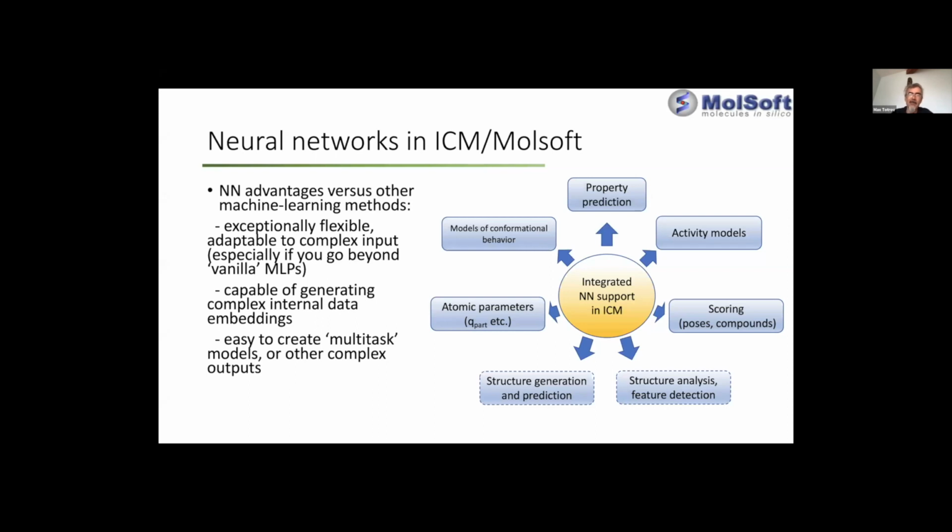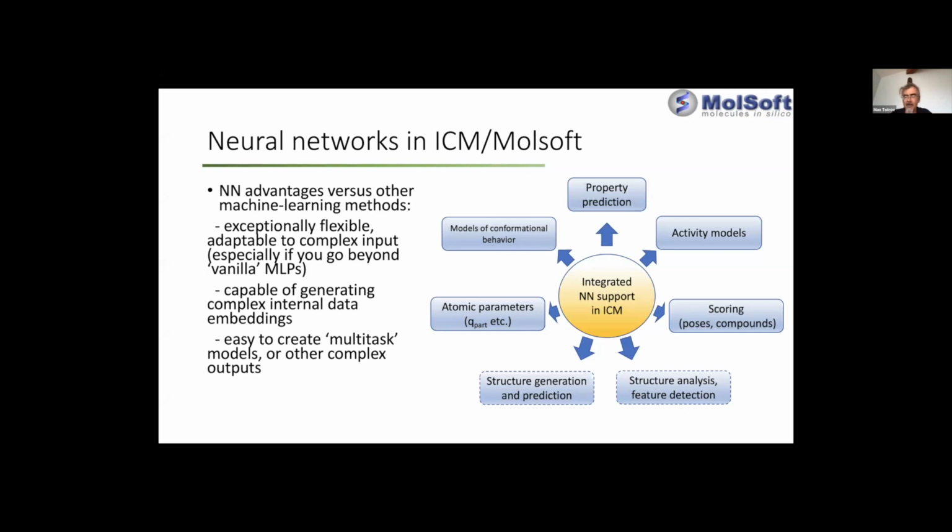Once we had it integrated, we started to try and apply it to all sorts of applications, starting with, of course, activity models, but also prediction of properties and more foundational models that are used within our algorithms for simulations, for example, atomic parameters like charges, or scoring, or models of conformational behavior.